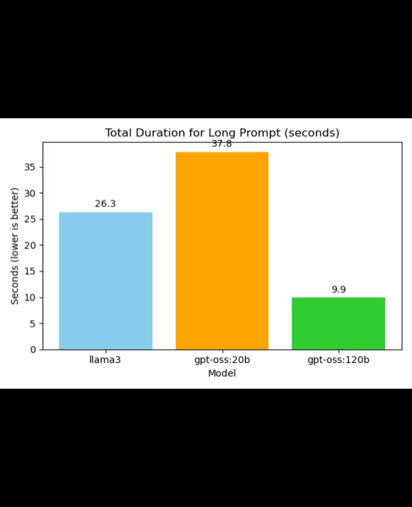So what about duration? That's the total time that it takes to produce a complete answer. According to these measurements, GPT-oss 120B completes output 166% faster than Llama 3, and this trend is consistent. The GPT-oss models not only spit out tokens quicker, but they also finish entire generations much sooner.